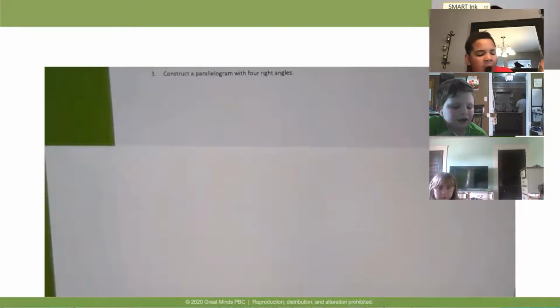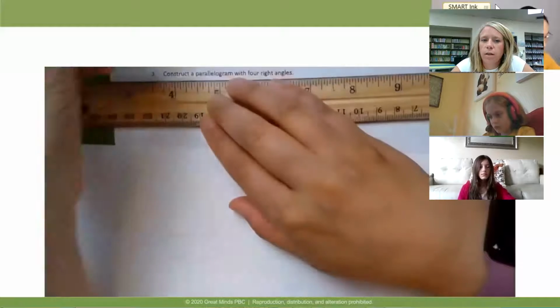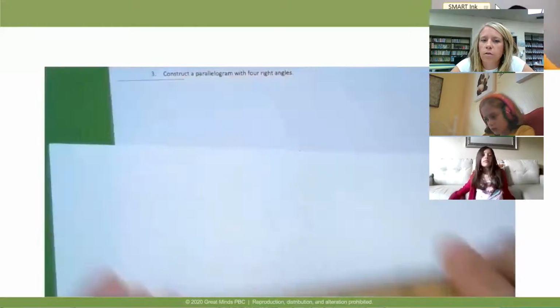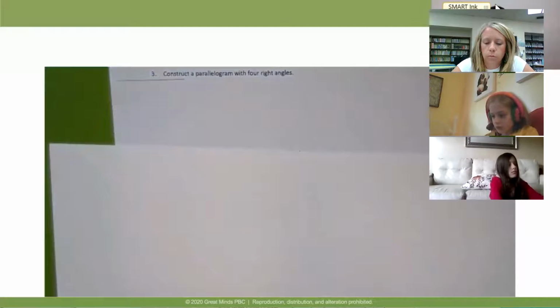Let's begin constructing. First, draw a straight horizontal segment. So now you're going to be drawing, just like she is, a line segment, and she's going to show you how to make it. Then, using your right angle template and your ruler, draw a segment that's parallel to the first segment that we just drew.